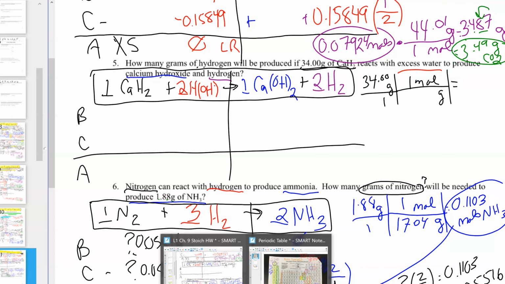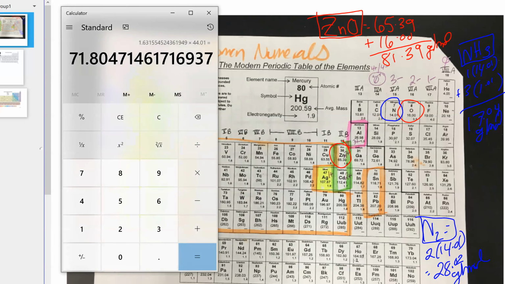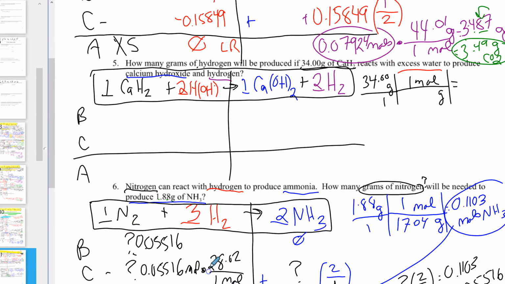CaH2, go to your periodic table. CaH2, here's calcium, so 40.08 plus 2 times 1.01, so 40.08 plus 2.02, 42.1. So that's our molar mass.